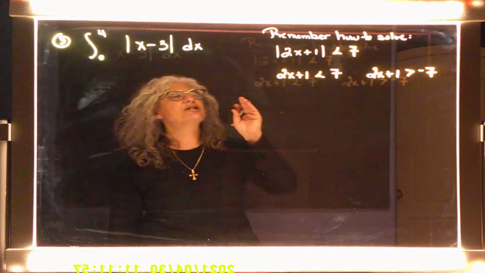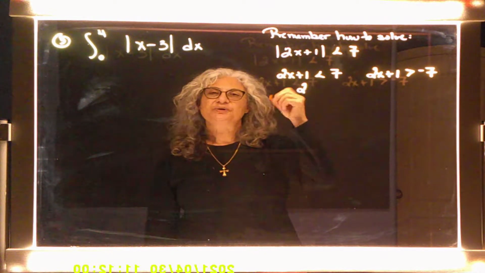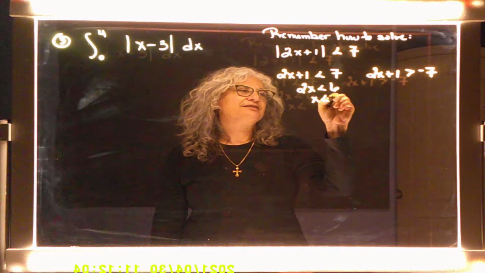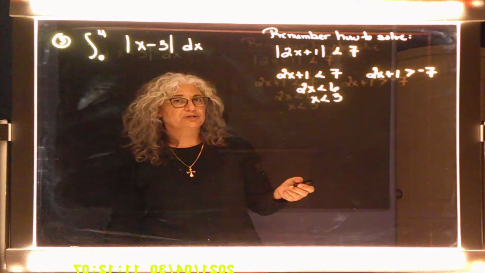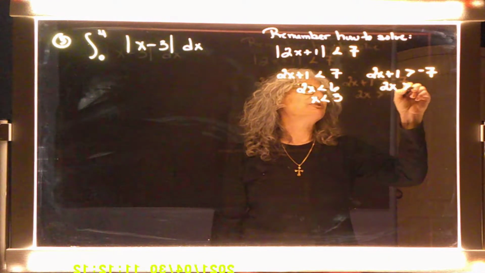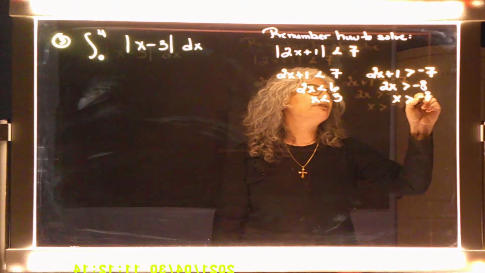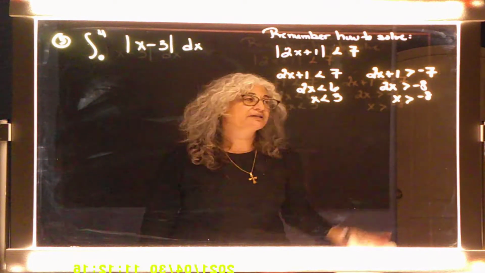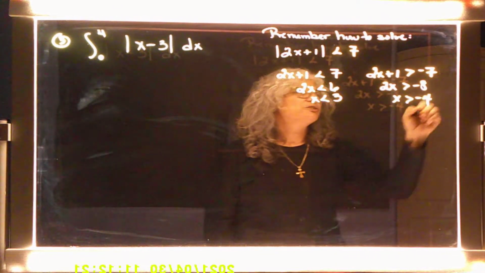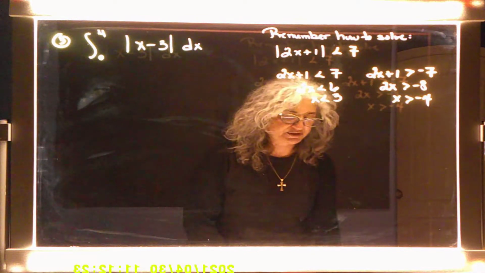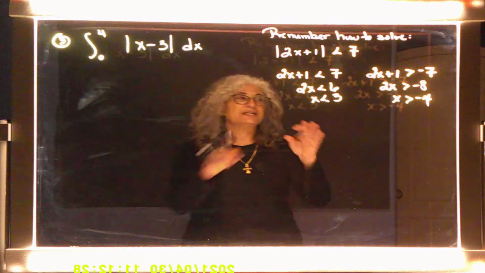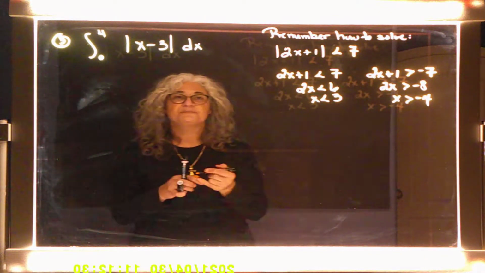Okay, ringing a bell. So when I solve 2x plus 1 less than 7, I get that x is less than 3, right? When I solve the other one, I get that x is greater than, whoops, negative 4. So it gives me an interval to work off of. x is greater than negative 4, x is less than 3.